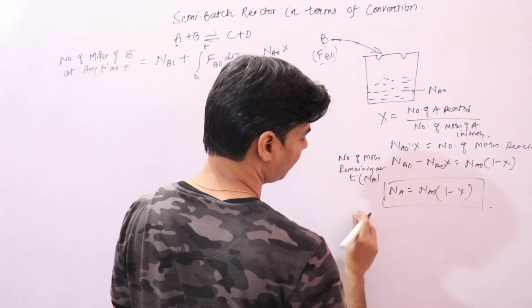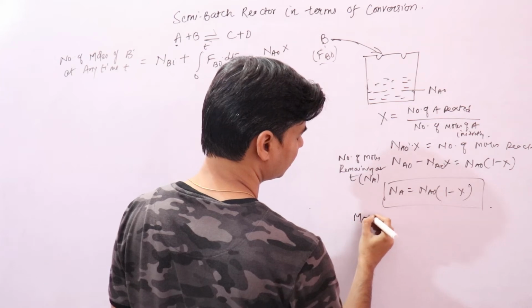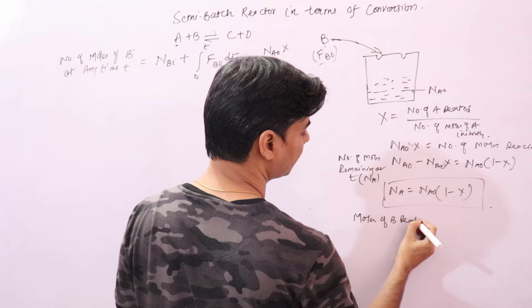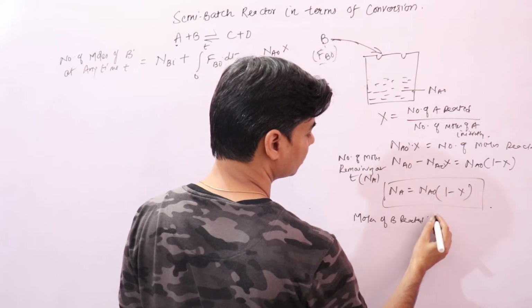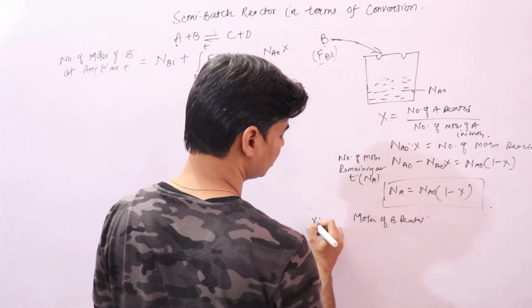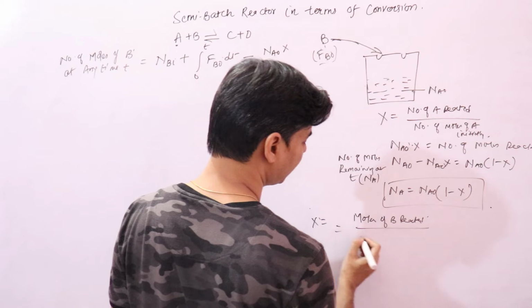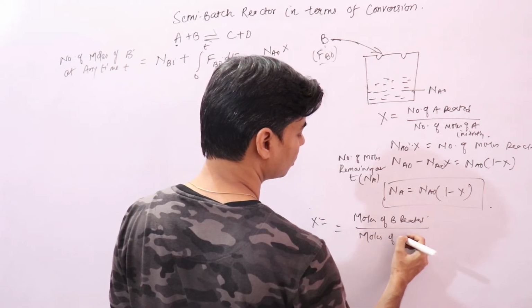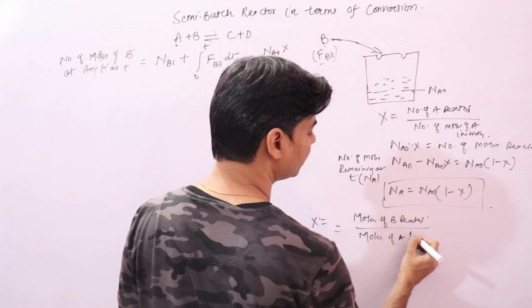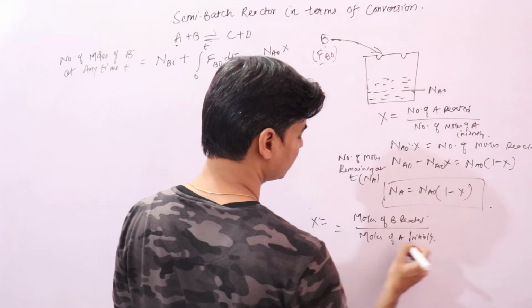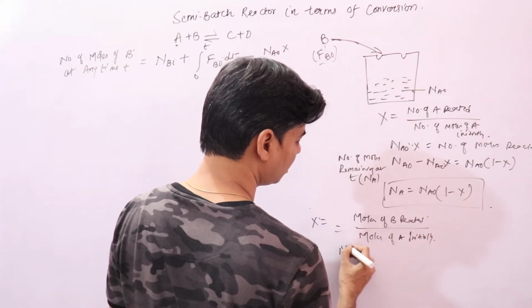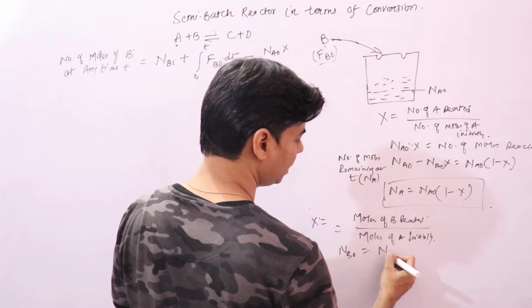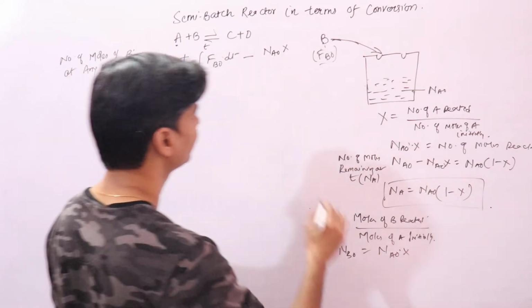Sorry, moles of B reacted, right? The conversion is moles of B reacted upon moles of A initially taken. It would be NB0, say it would be Na0 X, right?